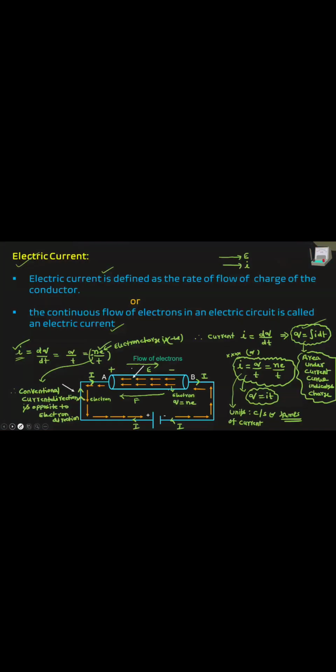If the force on each electron increases, the net charge traveling Q increases. If Q increases, then I increases. If current increases, what about the current density? That is the observation here: if the electric field increases, the current density also increases.